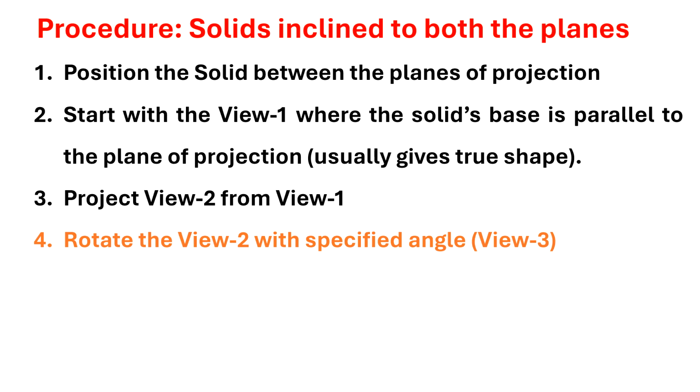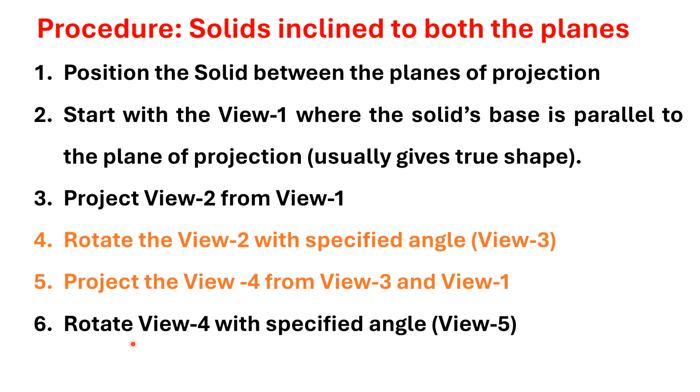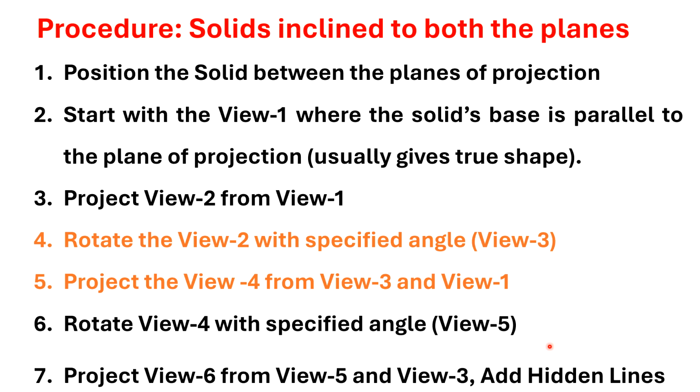and after rotation that becomes view 3. Then we go to view 4, which we get when we project from view 3 and view 1. If you rotate view 4 with the given angle, you will get view 5.